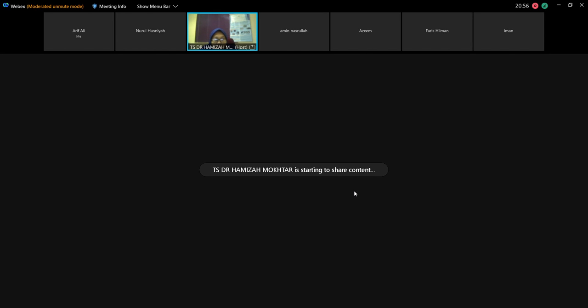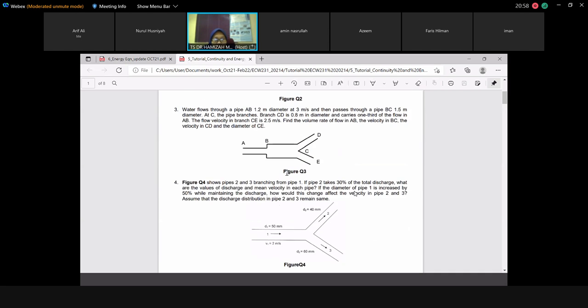Baca sikit soalan. Soalan kata, figure question 4 shows pipe 2 and pipe 3 is branching. So pipe 2 takes 30%. So of course pipe 3 is about 70% of the total discharge. What are the values of discharge and mean velocity in each pipe?